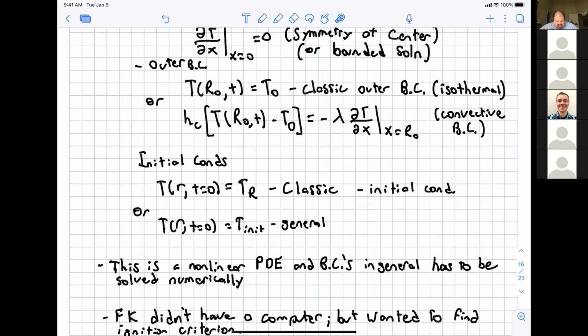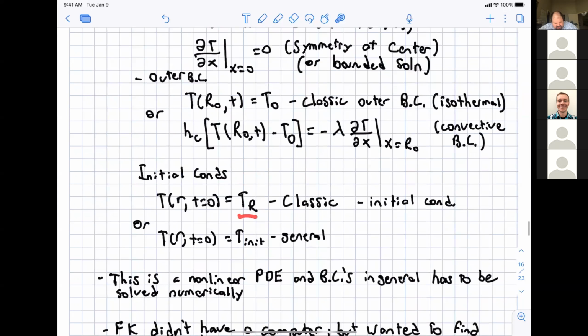Sometimes in the classical case, he will start the initial conditions at the wall temperature, T R. Yes, you will start the solution at some wall temperature, or at some general initial temperature in general.